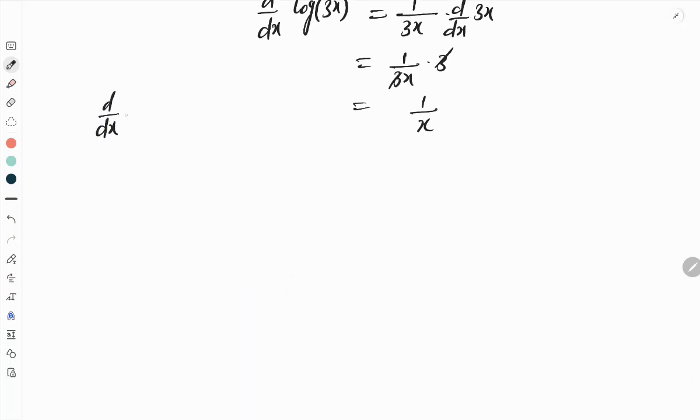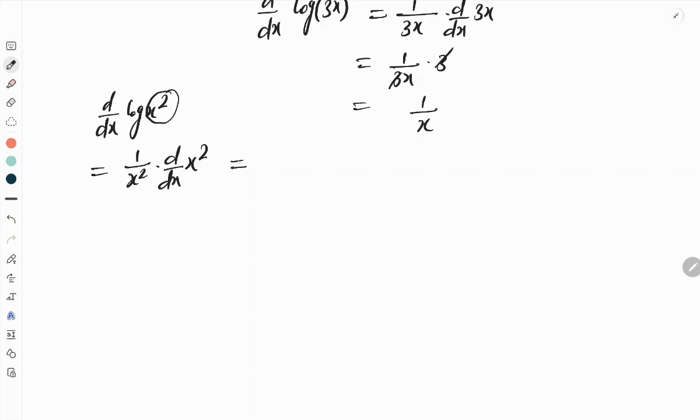Now let's say one more. If you are finding the derivative of, let's say, dy/dx of log x square, then again you have to treat this like log x, then 1 upon x, but it is not x square, and again dy/dx of that. Because you assumed x square to be x, that is not x, so again write the derivative of that one.